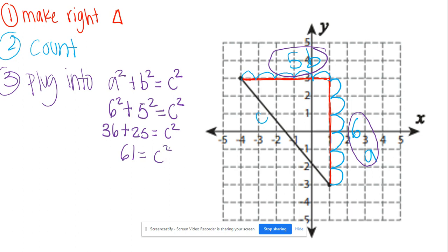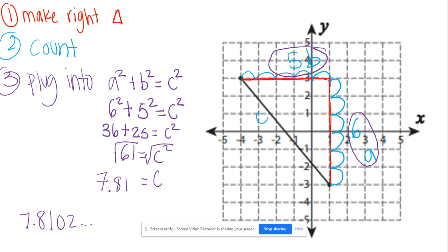Now, C is not by itself, it's that squared, so we got to take the square root of both sides. And the square root of 61 is 7.81. In your calculator, it's actually going to be 7.8102... It's going to go on forever.